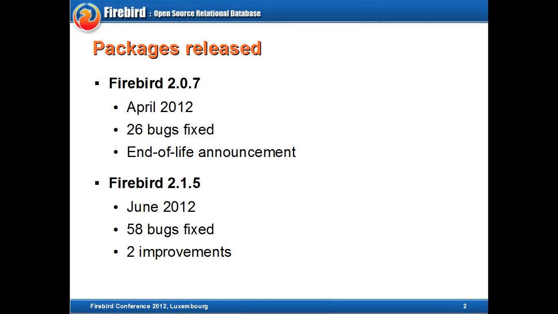The technical reason behind this is that the code base has improved quite much over these years, and it's becoming more and more complex, harder and harder to backport all the bug fixes from recent versions back to the old versions.